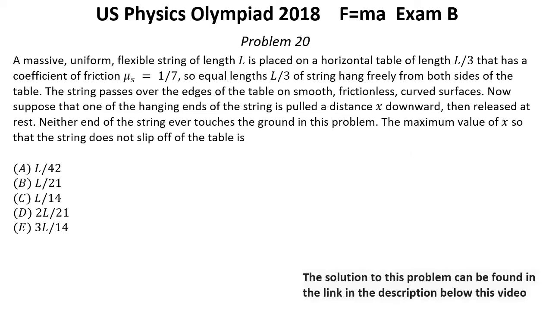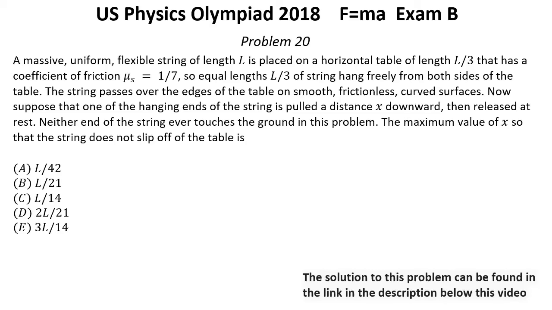Problem number 20. A massive uniform flexible string of length L is placed on a horizontal table of length L over 3 that has a coefficient of static friction mu equal 1 over 7. So a length L over 3 of the string hangs freely from both sides of the table.